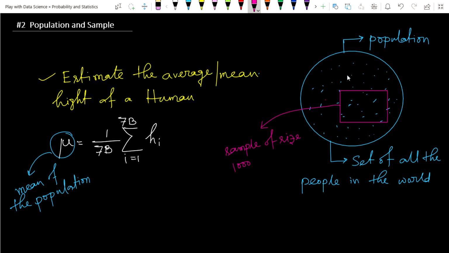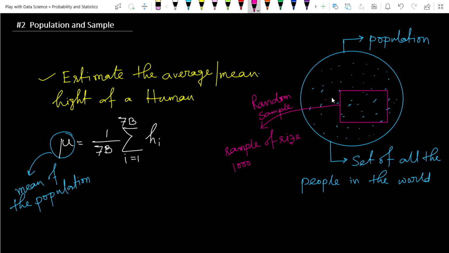Out of the whole 7 billion people, we have taken only 1000 people randomly. If we pick the people randomly, this is called a random sample.